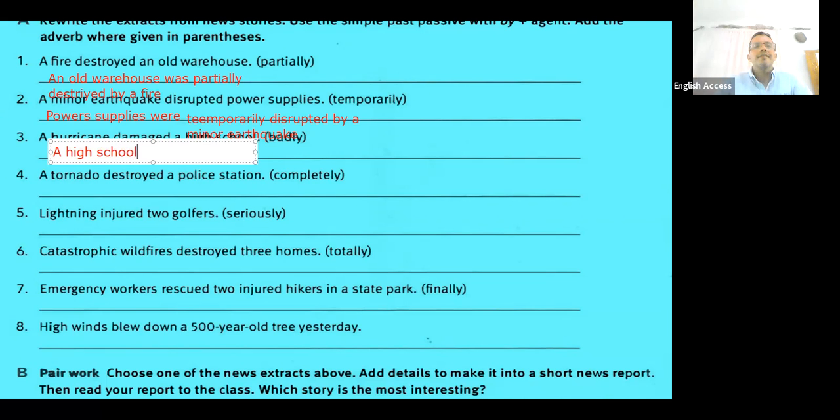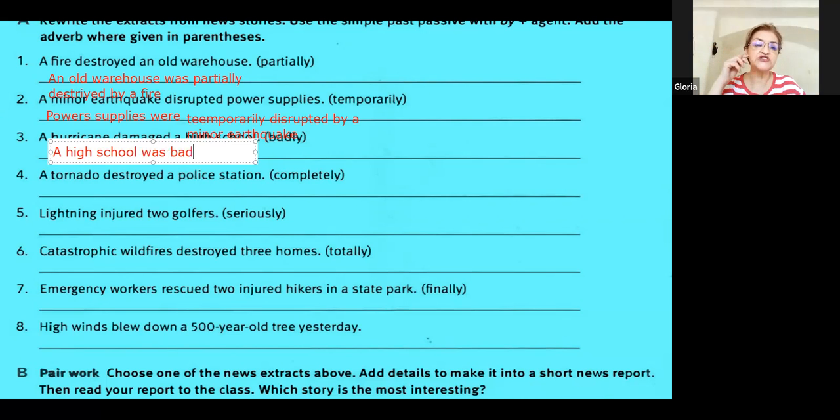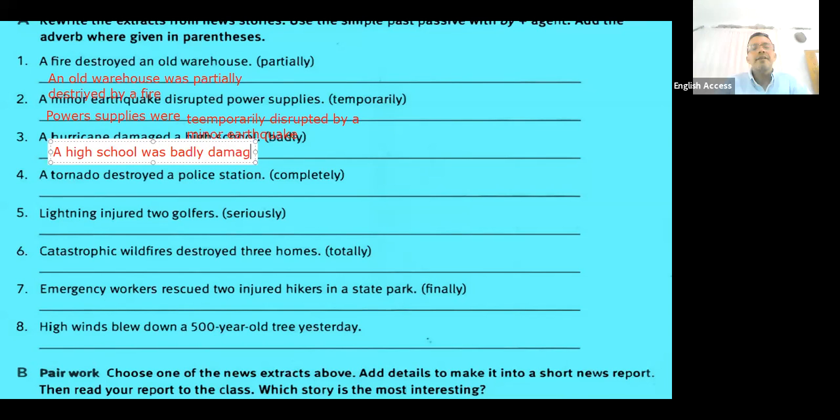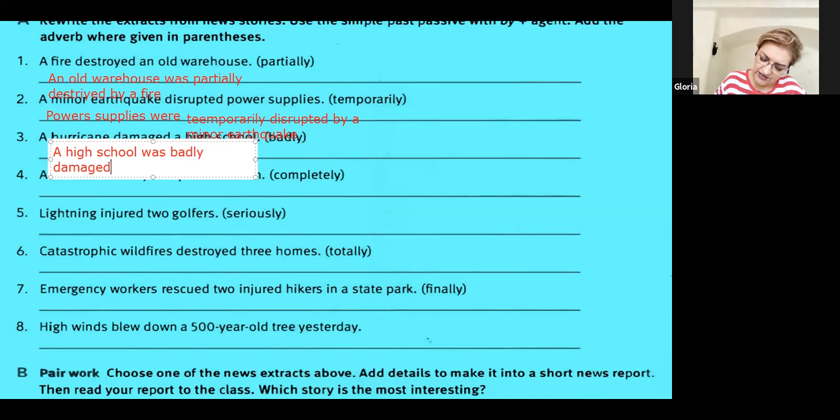Yeah, that's the point. A high school was badly damaged. Okay, and it's damaged, not damaged. Damaged, okay. I understand. Sure. Hurricane.